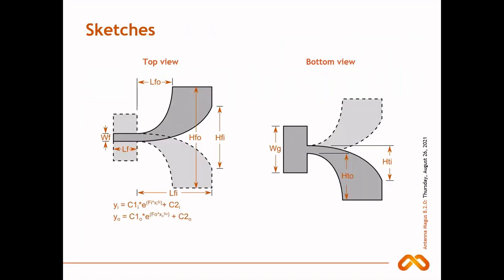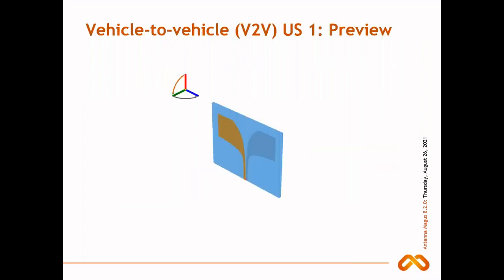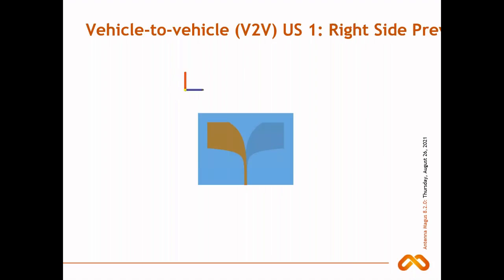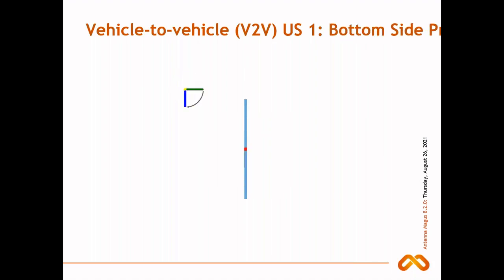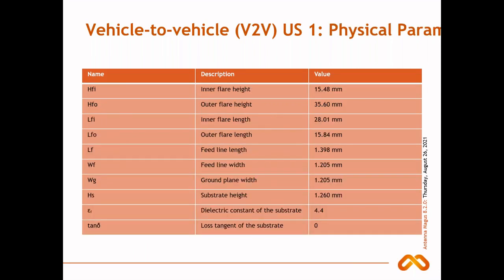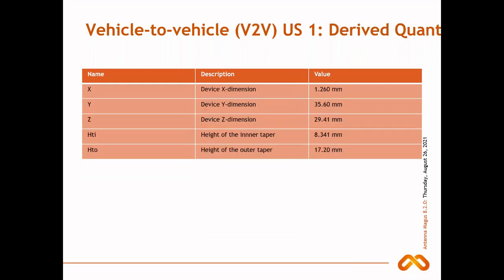So the elements, the top view and bottom view, side view, and 3D view, 3D front, right side, top side, all those. And next, minimum frequency, maximum frequency, substrate thickness, relative permittivity. And after that, all the parameters, height, length, width, epsilon, and all those. Dimensions X, Y, Z.